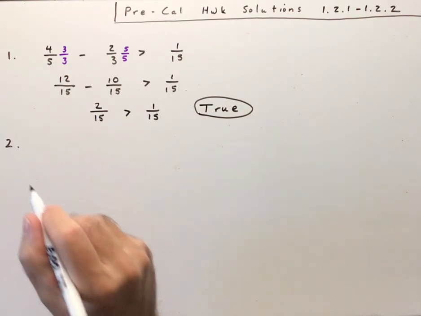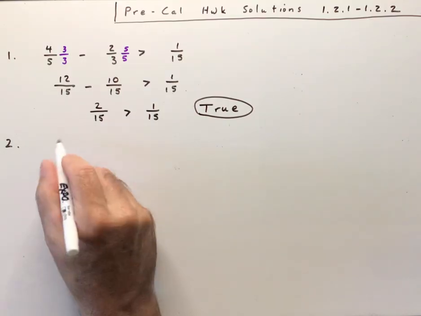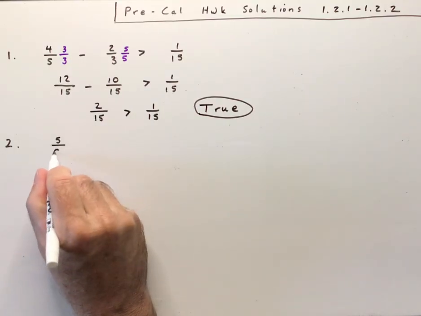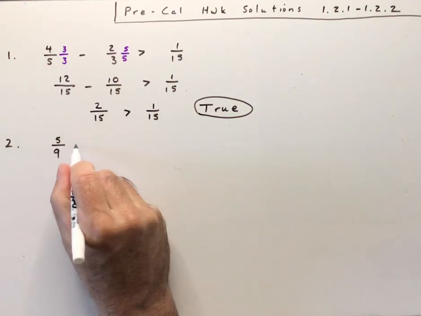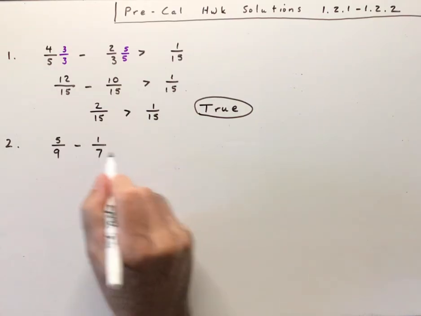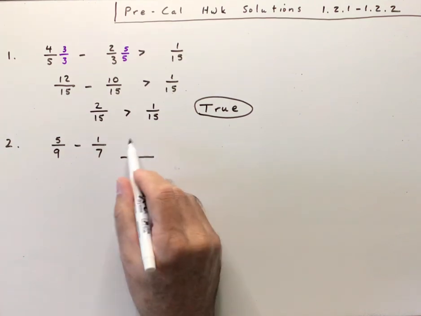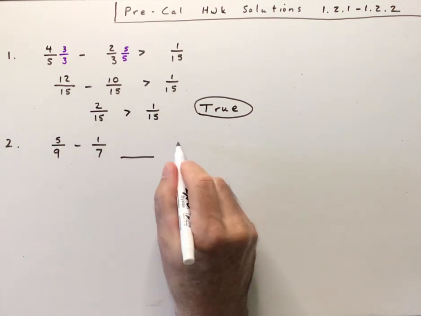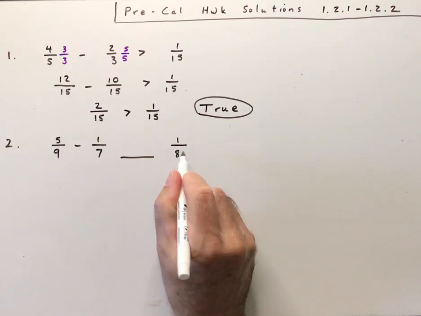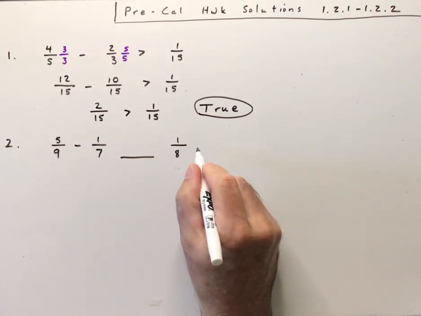All right, number 2, we're supposed to write in the blank greater than, less than, or equal to. On the left side we have 5/9 minus 1/7, and on the right side, we have 1/8 minus 2/10.